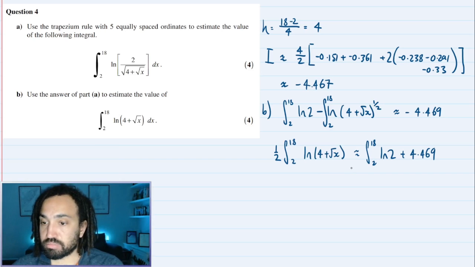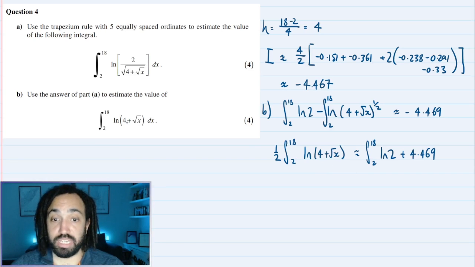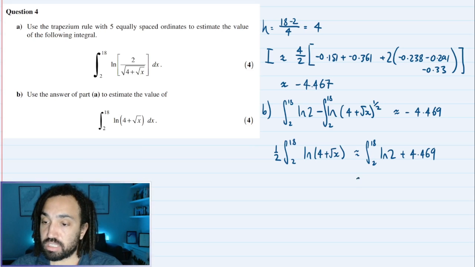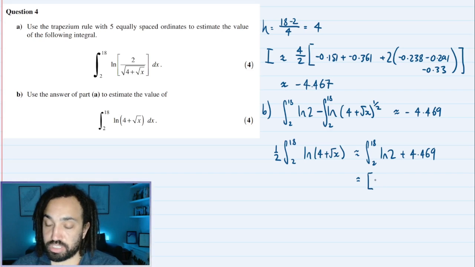Lovely. So we've got pretty much what we need. We've only got half of it, so we'll just double at the end. So what is this? Well, when I integrate ln 2, it is just a number, so it's just a constant, so it integrates to ln 2x, like that, between 18 and 2.